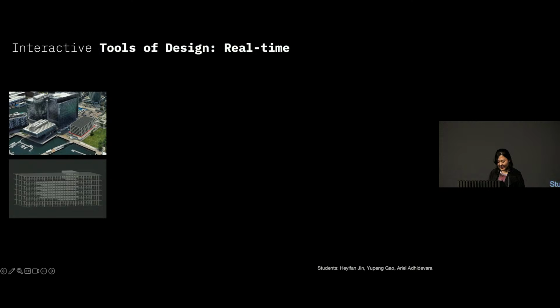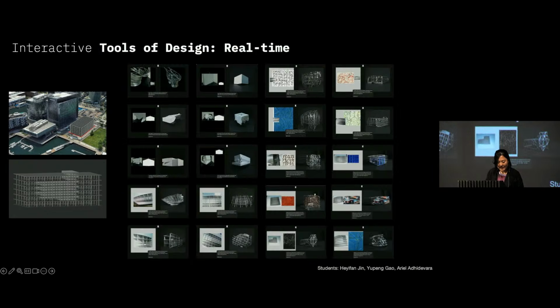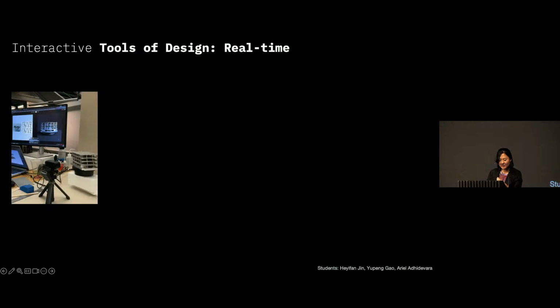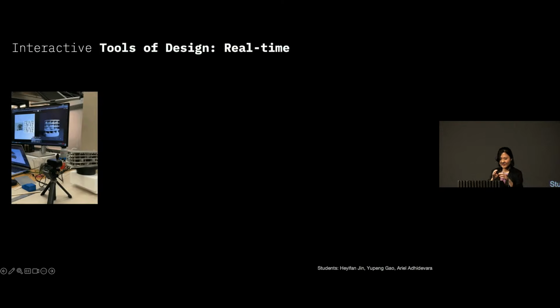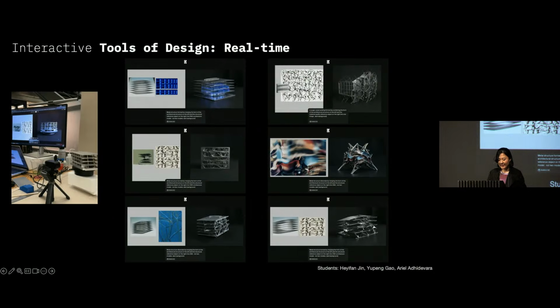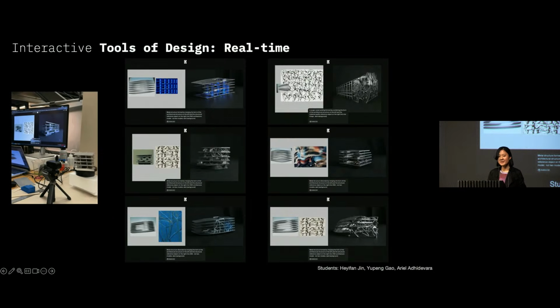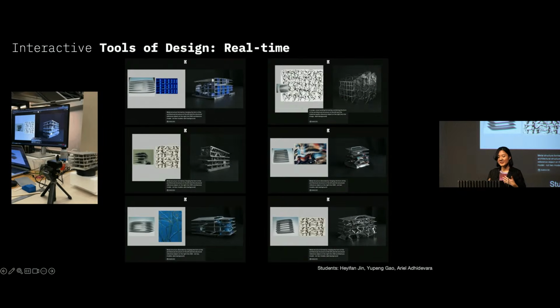And so in this example, having a hypothetical site next to Boston's Institute of Contemporary Art, these students were interested in making use of this metal architectural assembly. And so they have this physical model that's rotating on a webcam and input some inspiration images.